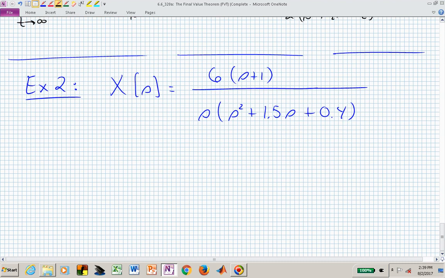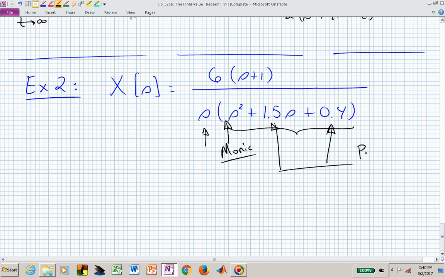Suppose now we look at capital X of s. Now what can we say? Well, we know that one of these poles is at the origin, but we also want to see what's happening with these poles. Well, it's monic already, which means we just need to focus on the linear coefficient and the constant coefficient.